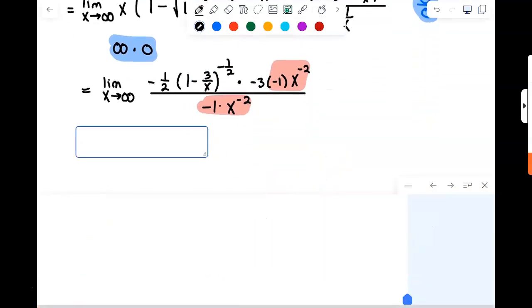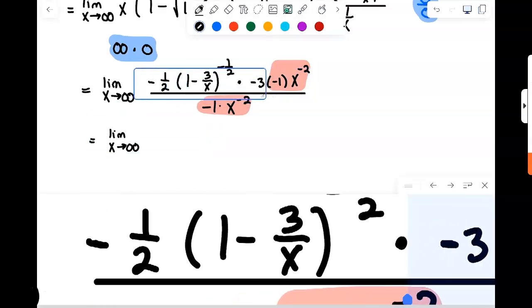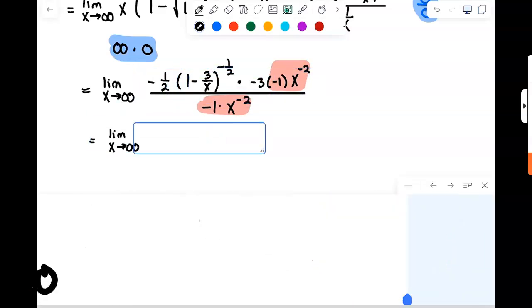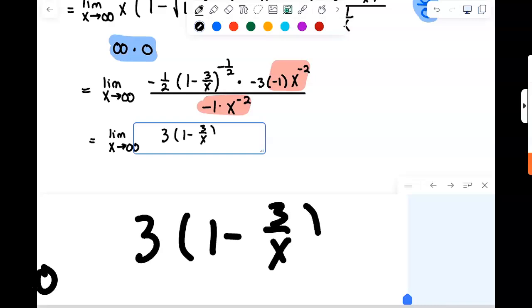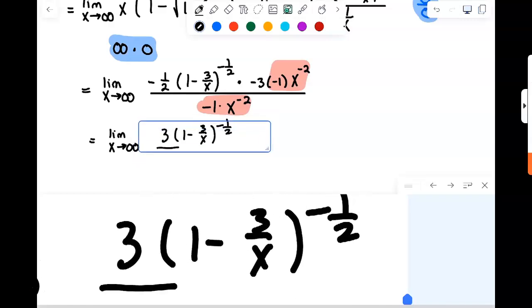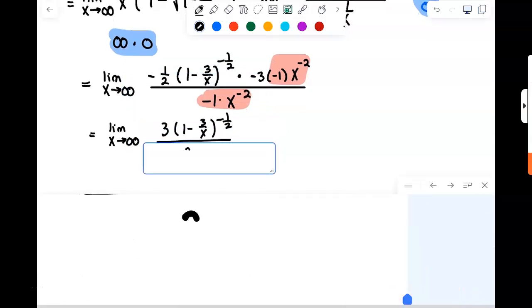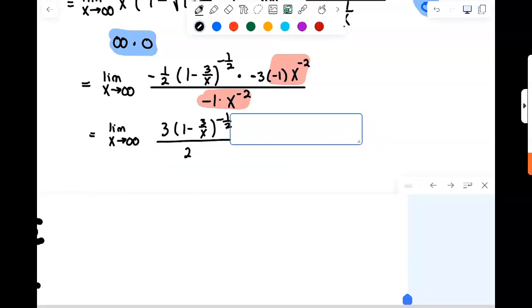So what I now have is the limit as x goes to infinity. That'll be a minus and a minus, we'll make that positive 3 times 1 minus 3 over x to the minus 1/2, all of that divided by 2. And so now we've gotten rid of the issue.